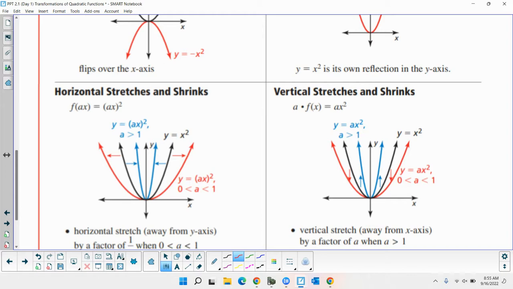Now the horizontal stretches, okay? They're harder, so a big H for harder. And then it's 1 over whatever A is. Well, that means reciprocal. 1 over A is the reciprocal of A, right?